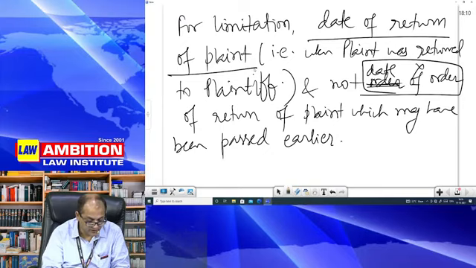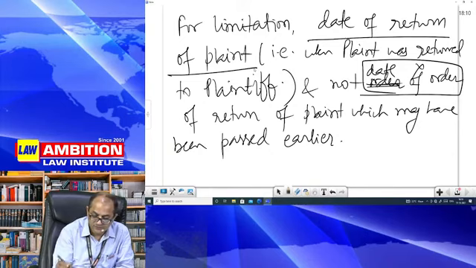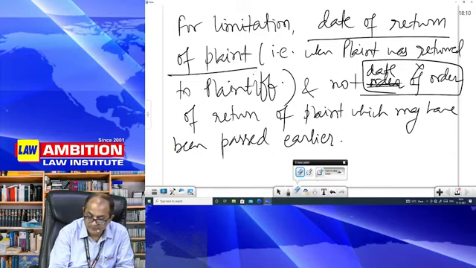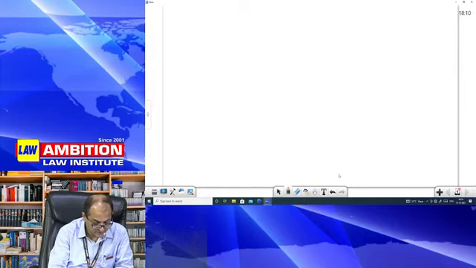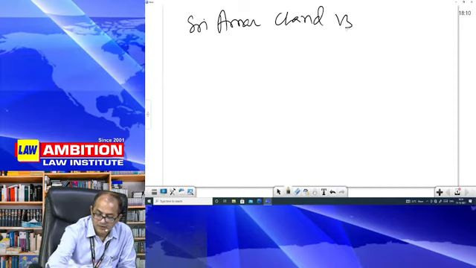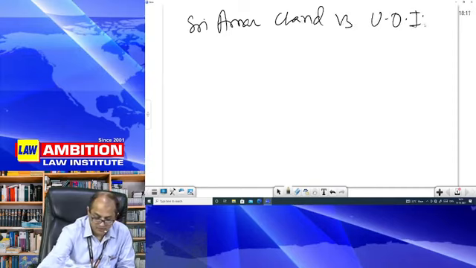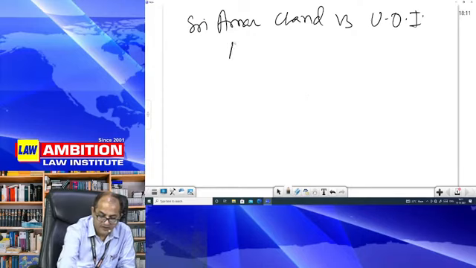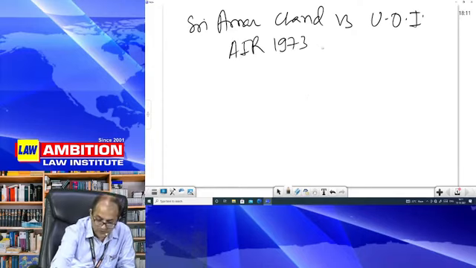And it will not be considered a continuation of the earlier suit. So, you can write down here further, Sri Amarchand versus Union of India. These cases are not important. I am saying again and again, whenever the case is important, I will let you know. This is just for your reference purpose.